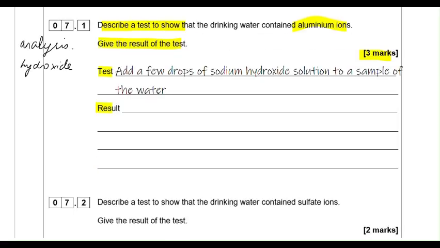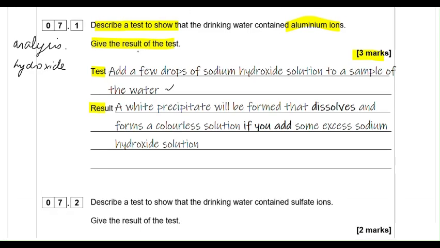So for the first mark, you would add a few drops of sodium hydroxide solution to a sample of the water, and then the result would be a white precipitate will be formed, but then dissolves to form a colourless solution if you add excess sodium hydroxide solution. So 1 mark for the test, 2 marks for the result.